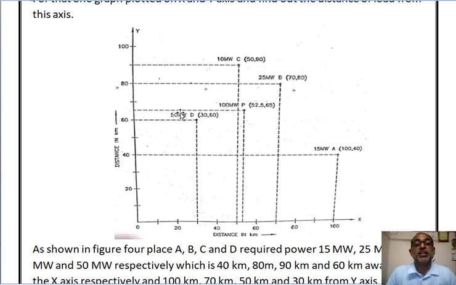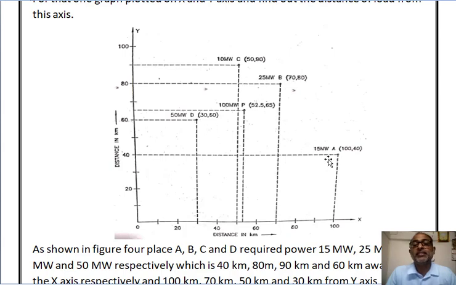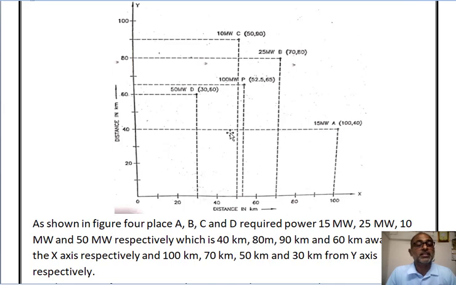As shown in this figure, there are 4 places A, B, C and D which require power of 15 megawatts, then 25 megawatts, then 10 megawatts and then 50 megawatts respectively, which are 40 kilometer, 80 kilometer, 90 kilometer and 60 kilometer away from the x-axis respectively.